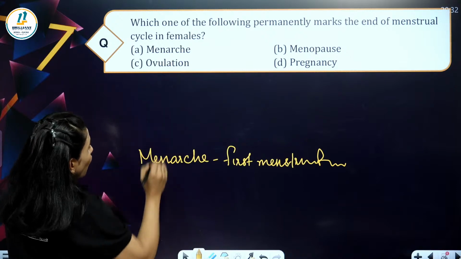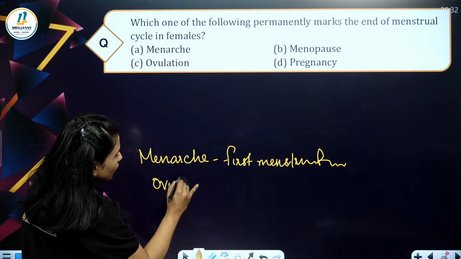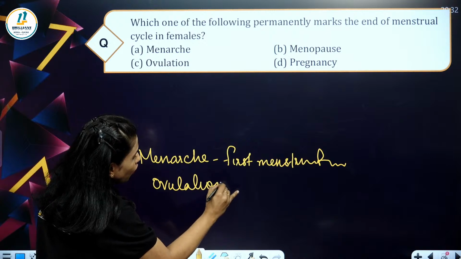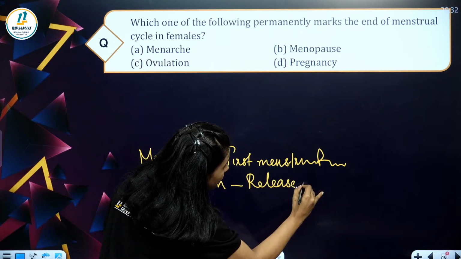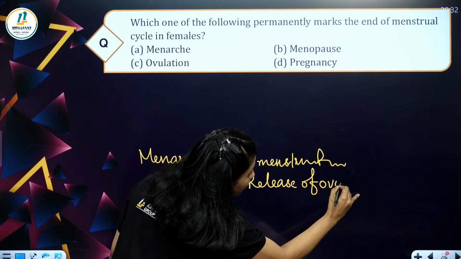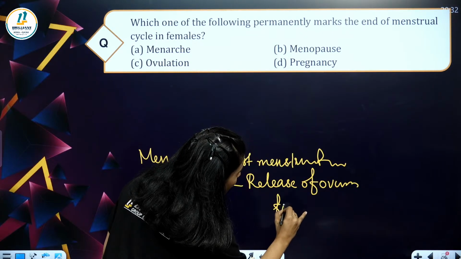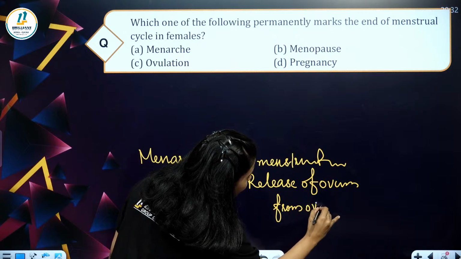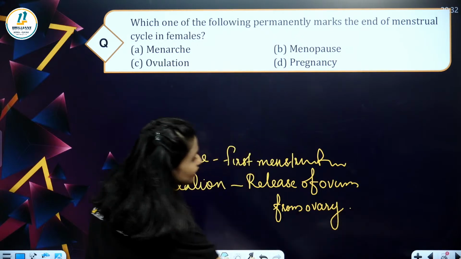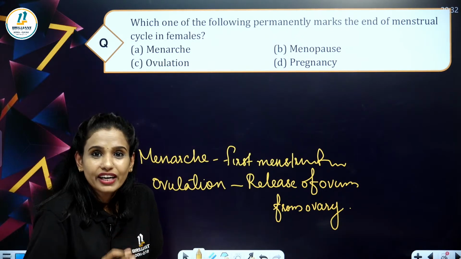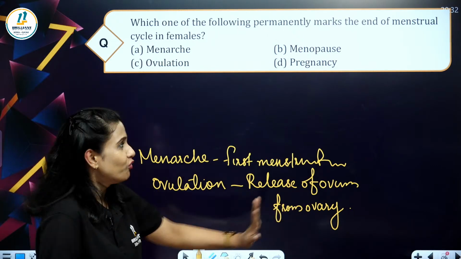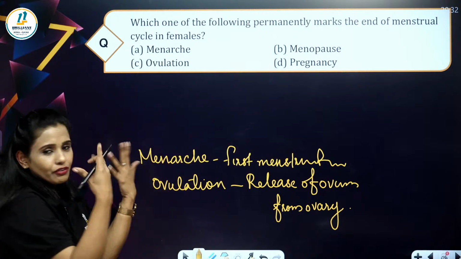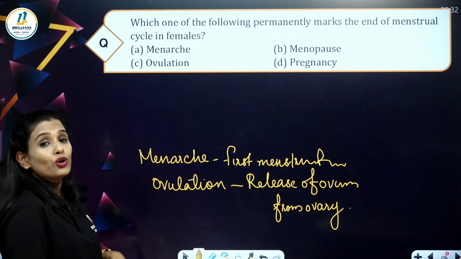And what is ovulation? Ovulation is the release of ovum from the ovary. Then what is menopause?